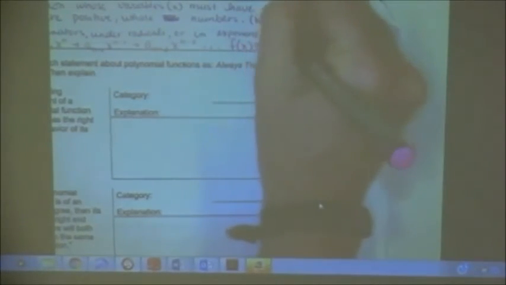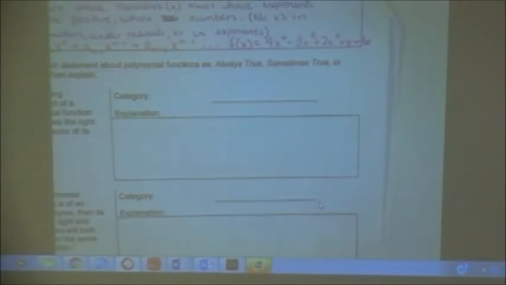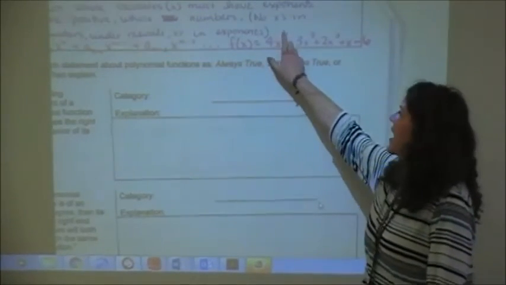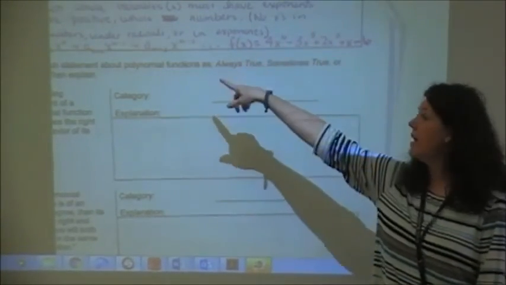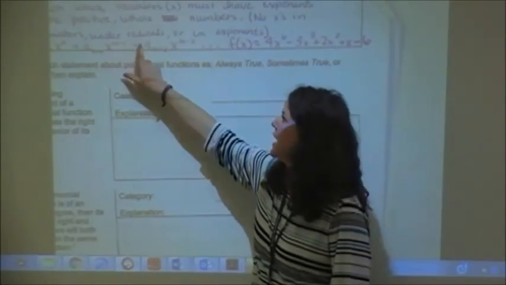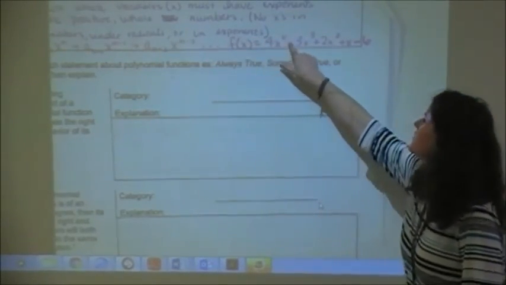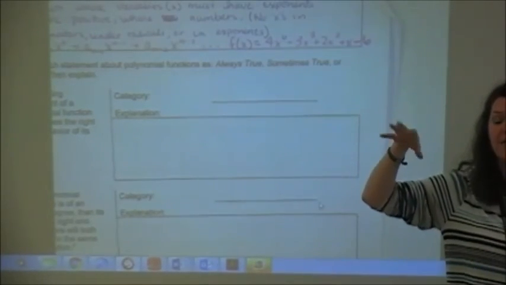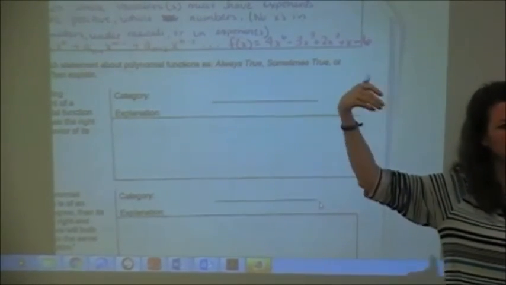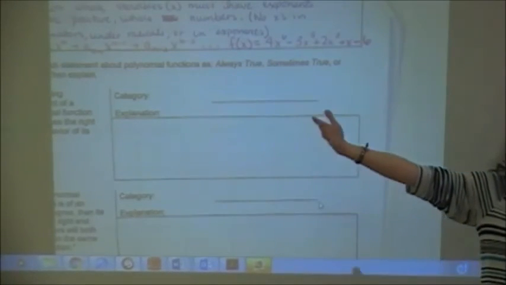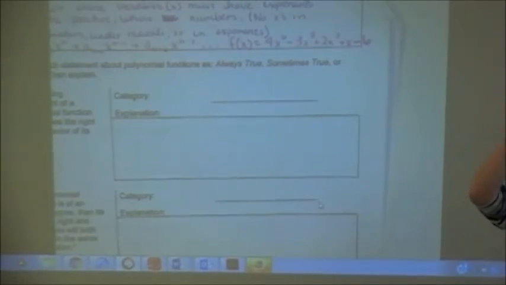So, for example, it would be something like this, 4x to the 6. That's a polynomial. And all that's happening here is your exponents are going down. In my polynomial function, they go down by 1. But right here, this one went from 6 to 3. That's okay. You don't always have one of every degree. Just because this is a 6th degree polynomial doesn't mean I have a 5th degree place and a 4th degree place.